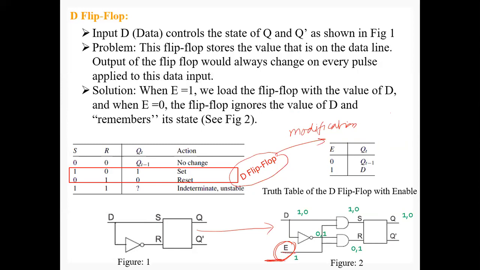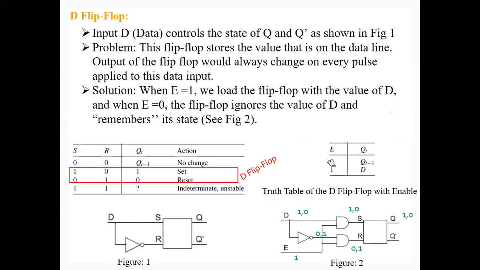This is called enable. This goes like this, connected to both of them. And you have the AND gates here. That's the modification: 1 enable and 2 AND gates. Now finally this will work as desired. Let's see how.